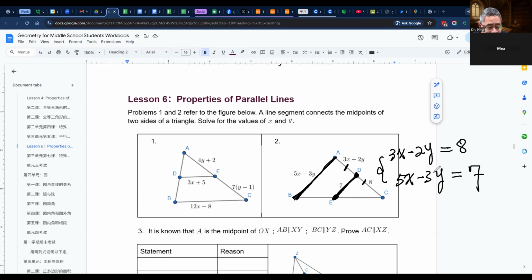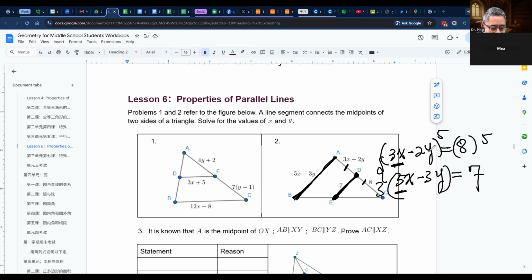So what we're going to do is try to cancel one of them. If we want to cancel the x, we are going to make the coefficients the same. So find the least common multiple. We're going to times 5 on the top and times 3 on the bottom.